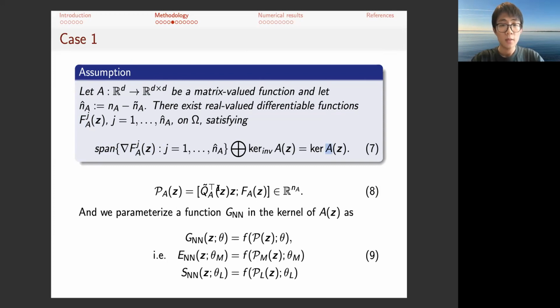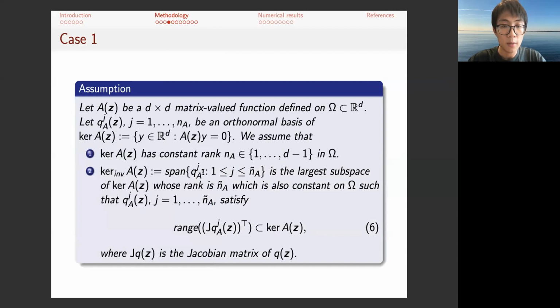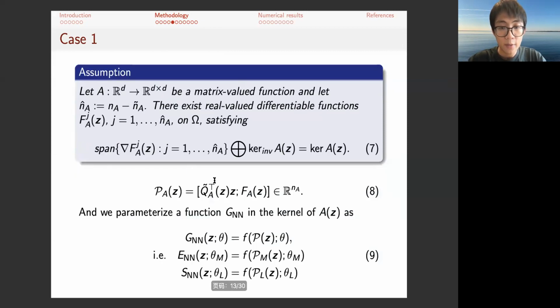And we design our neural network so we first define a projection function, which is defined to be q_A(z) concatenated with f_A(z), where q_A(z) is composed of the basis functions q_Aj, and f_A is the auxiliary function we introduced in the second assumption.